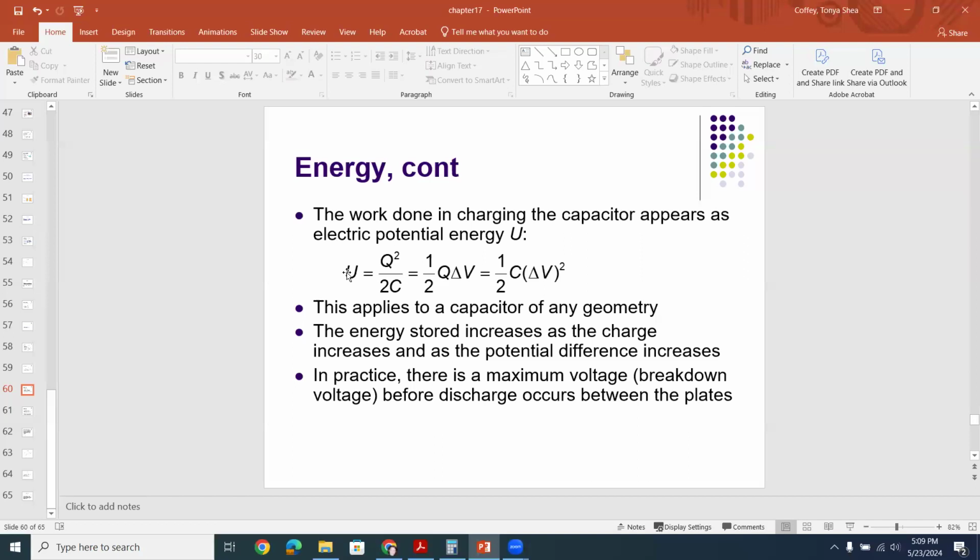Q squared over 2C is also equivalent to 1/2 QV, which is equivalent to 1/2 CV squared. This applies to a capacitor of any geometry.